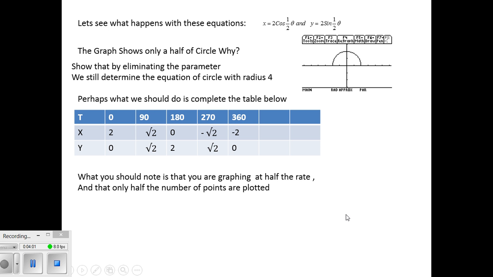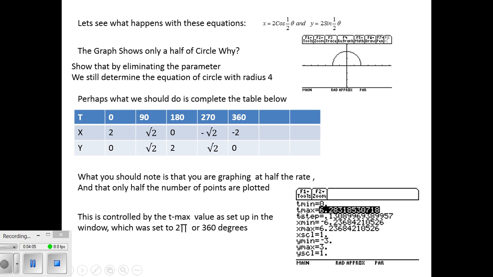To resolve that, what we could do is change the window setting. We notice that our window setting is typically set here at 2 pi, so we could kick that up to 4 pi, in which case we get a full revolution around. Again, we'll illustrate that with your calculator. As we had mentioned previously, the t-step was set at pi over 24, which is 7.5 degrees.